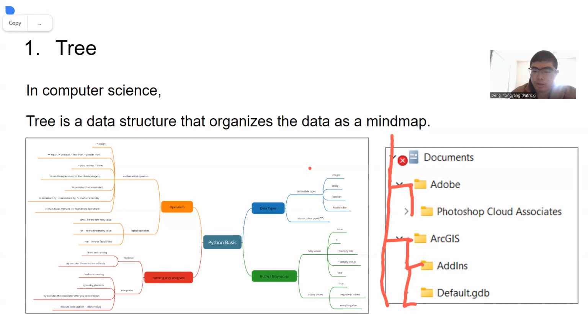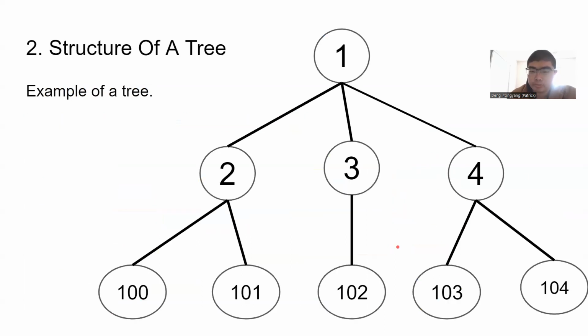So when we use a computer to find our files, this is one example of how trees in our daily life work as a data structure. This is my mind map, and this is the computer file address.